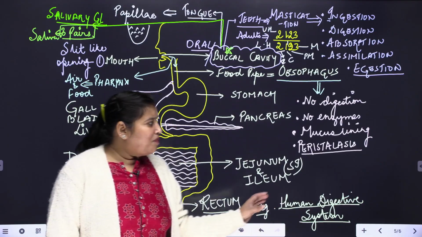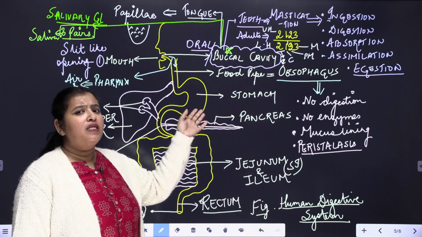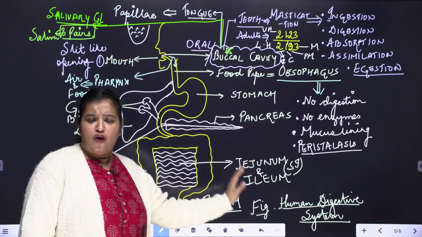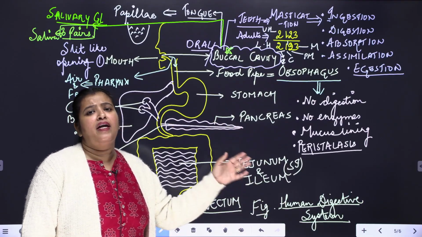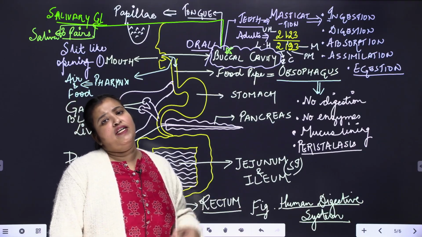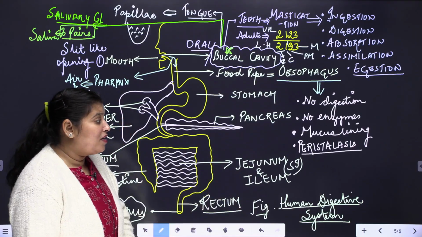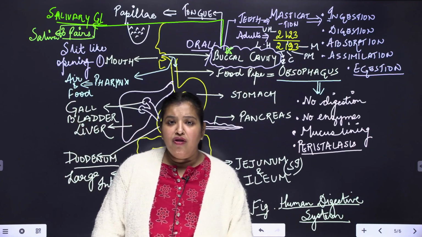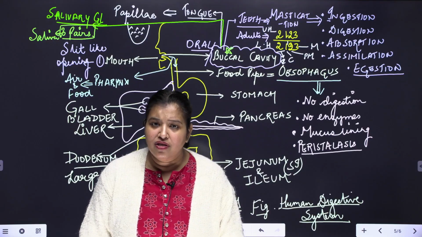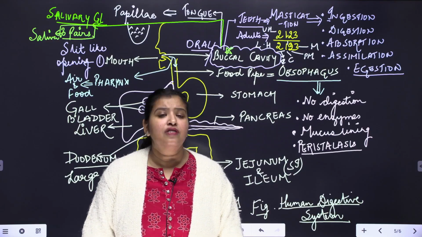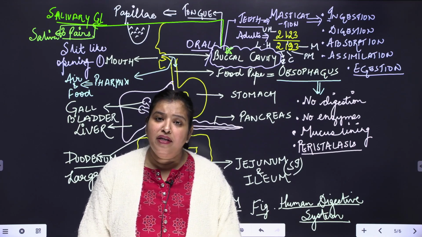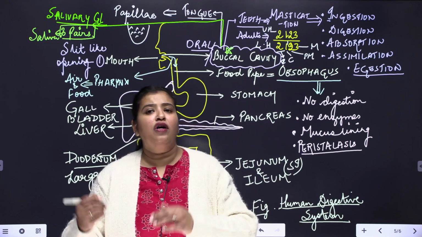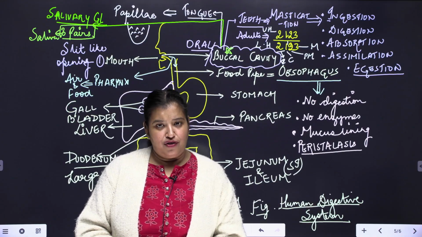Here I am saying stomach, but otherwise it is to push the food forward in the alimentary canal for the further process of digestion. So what is peristalsis? Peristalsis can be defined as the rhythmic wave-like contractions and relaxations to push the food forward in the alimentary canal for the process of digestion.